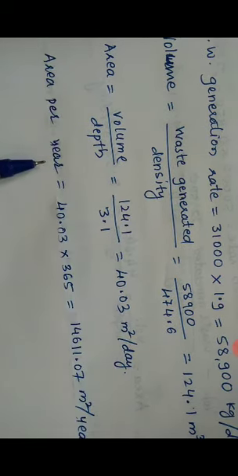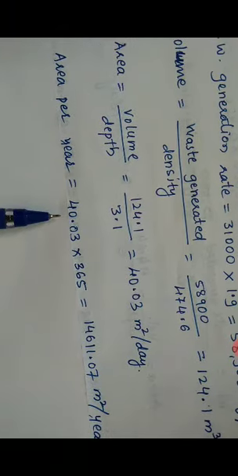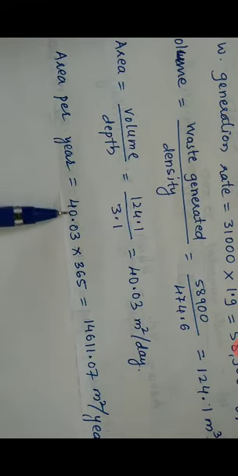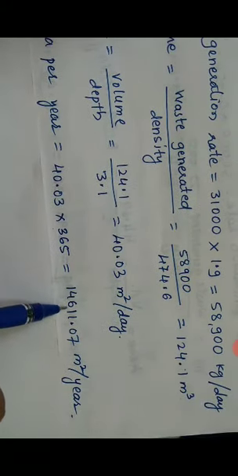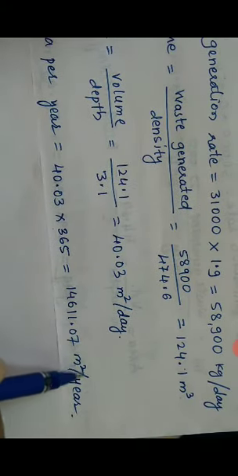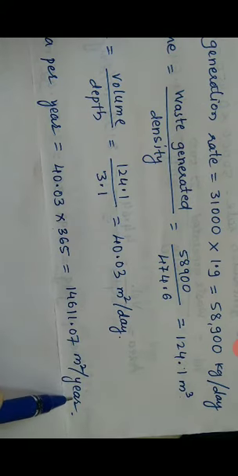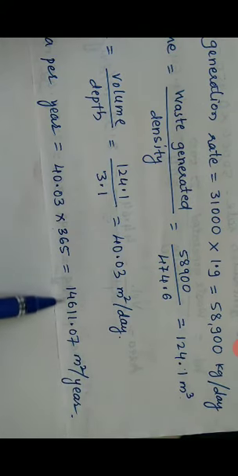Now we will calculate the area per year. So per year how much area is required? The area times 365 days of a year. Daily we are putting the waste into the landfill, so we are multiplying by 365. The answer we got is 14,611.07 meter square per year. So this is the area required per year.